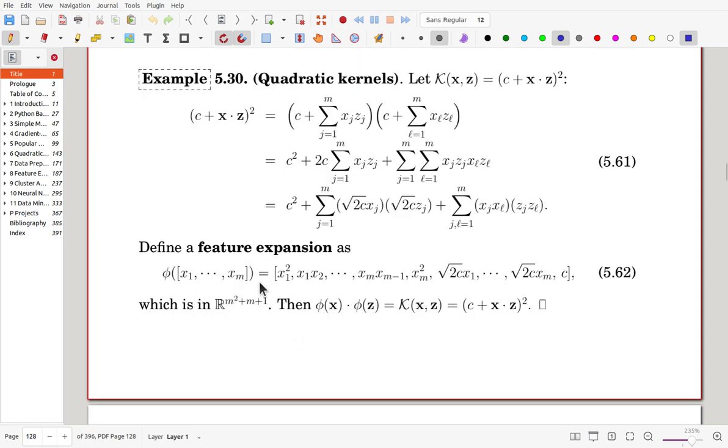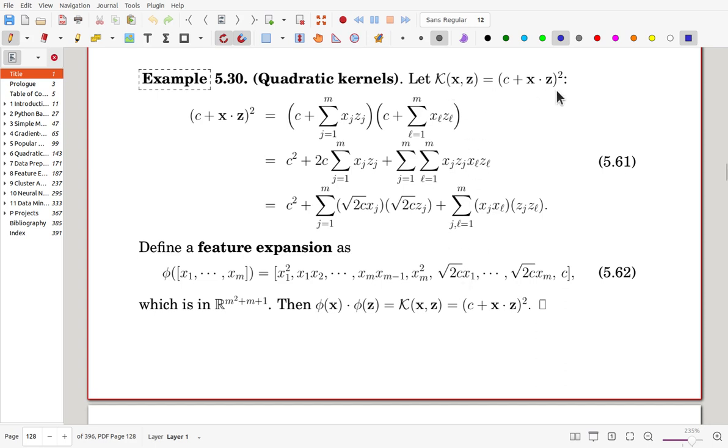From x1 to xm, we expand the vector this way, and that is in R to the m squared plus m plus 1, a much higher dimension. Then you can check that phi(x) dot phi(z) is the same as the kernel function k(x, z).